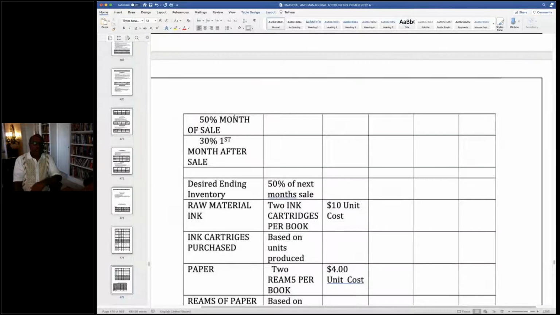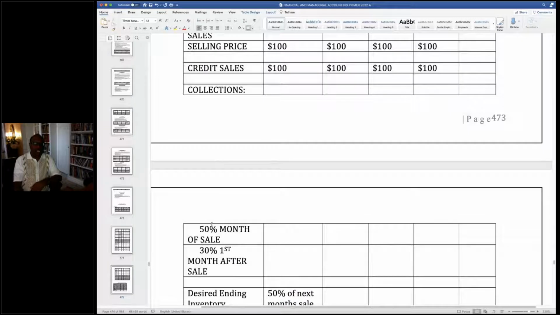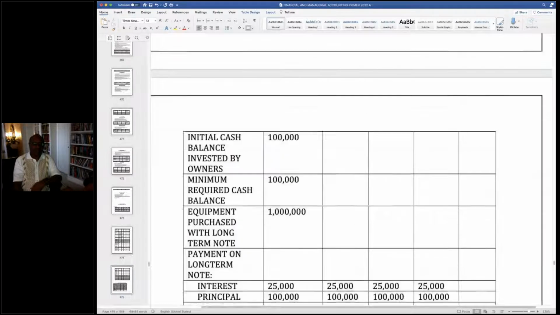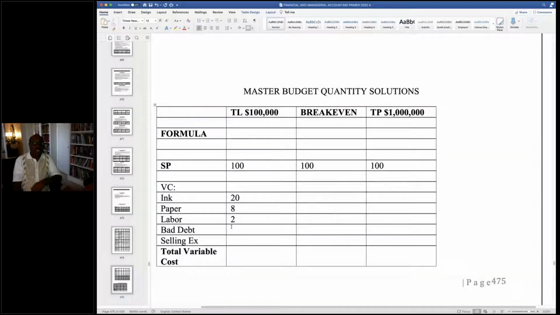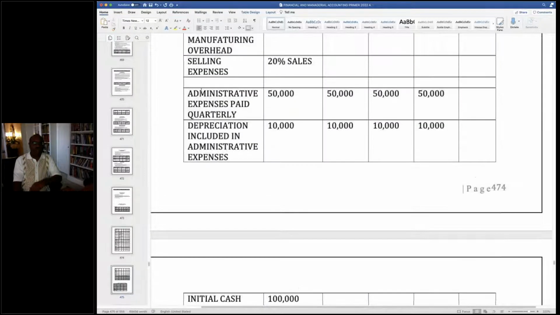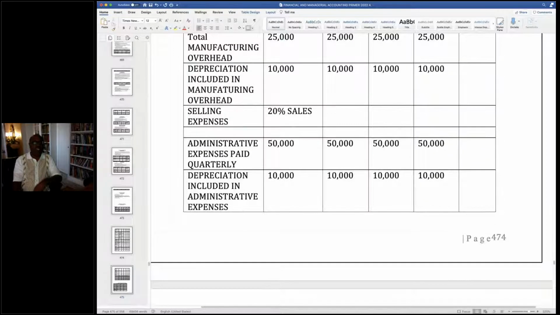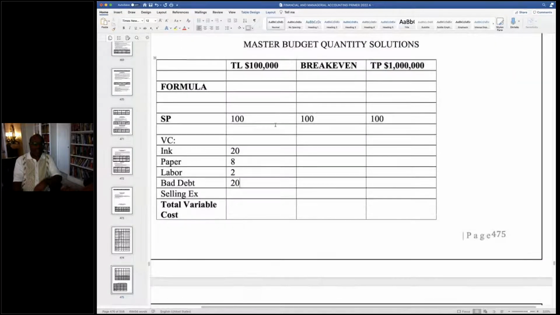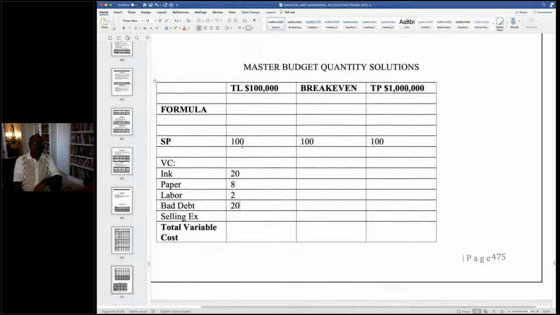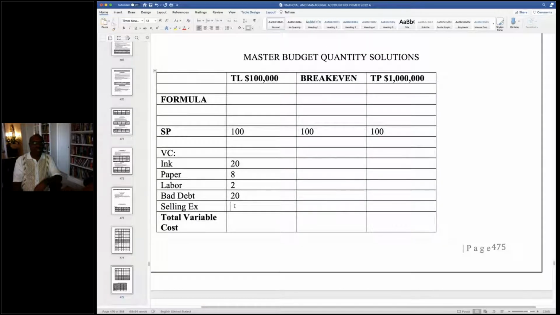So we look up here and we see that our collections are 50 and 30%, 80%. So our bad debt is going to be 20% of the selling price. Dollars. Selling expenses are going to be what? 20. Yeah, 20%. Professor Boyd, what were you asking? I couldn't hear you.